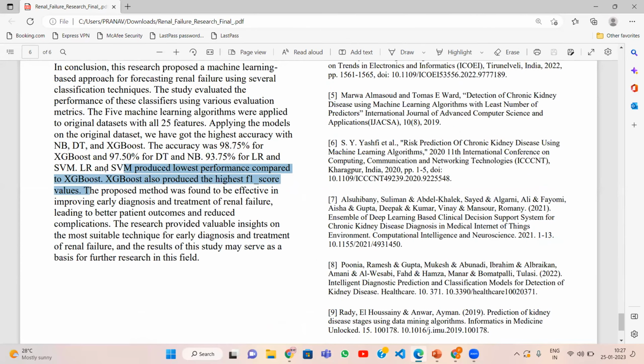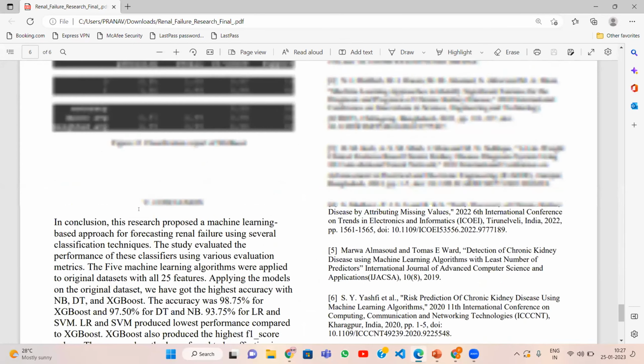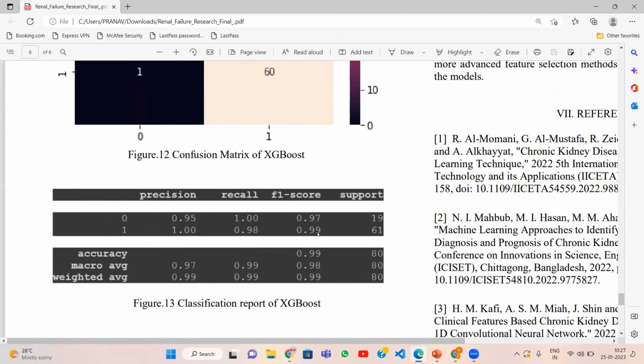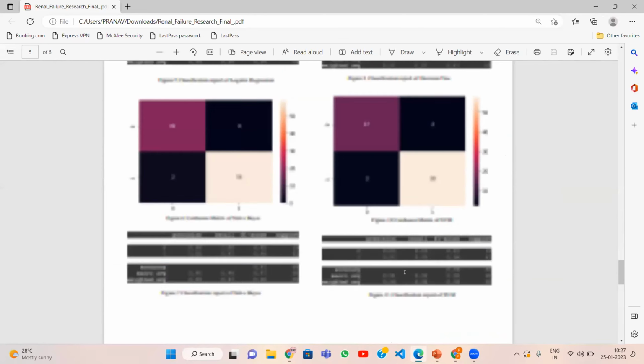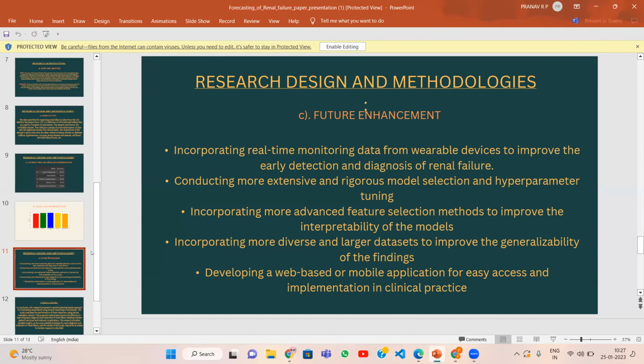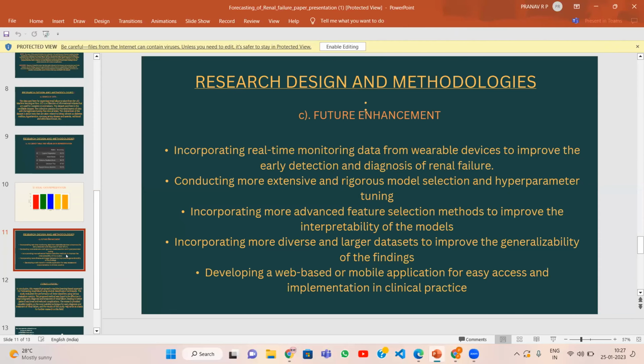Not only was the accuracy good for XGBoost, the F1 score also shows the best here. As you can see, precision, recall and F1 score are at 97% and 99%. This is really great. You can refer to the paper I've made for detailed analytic information.